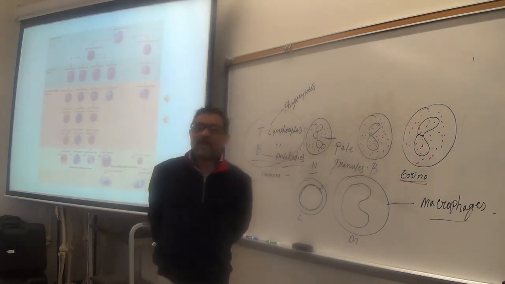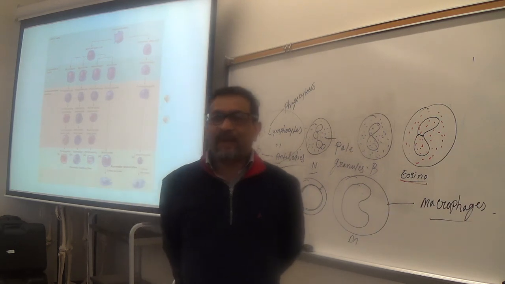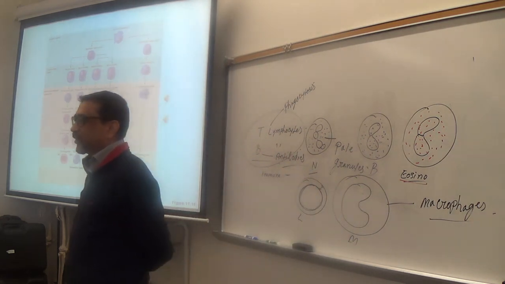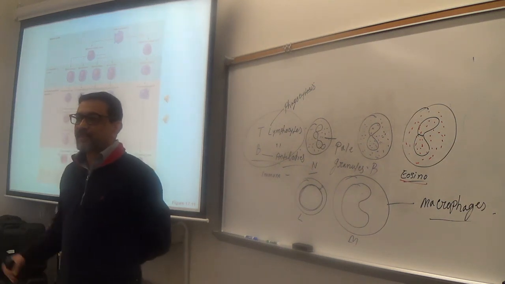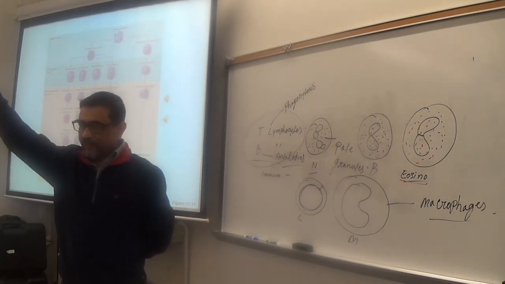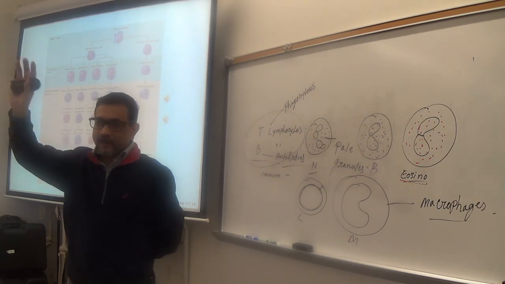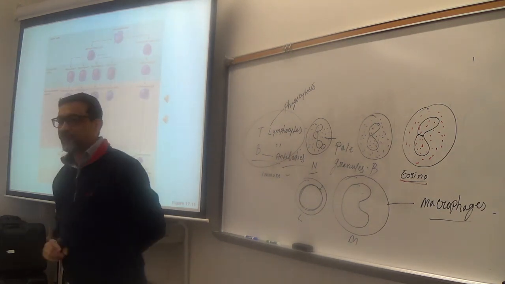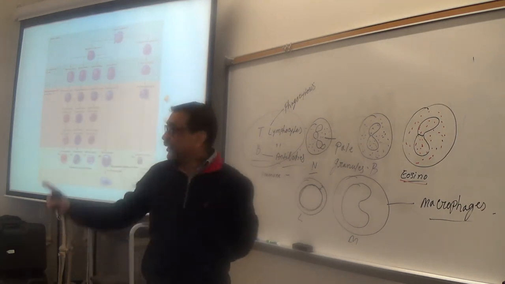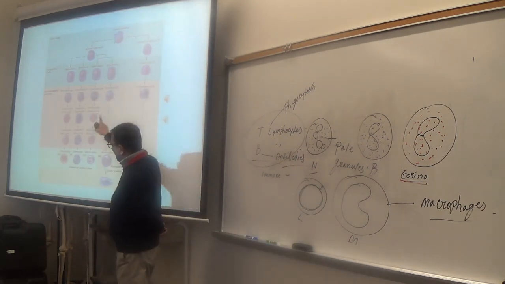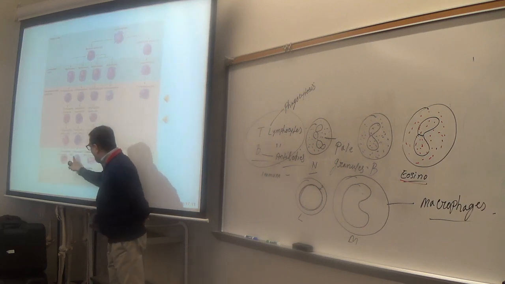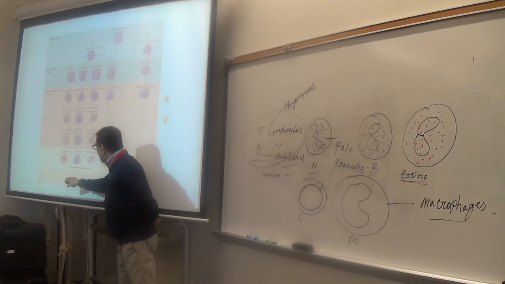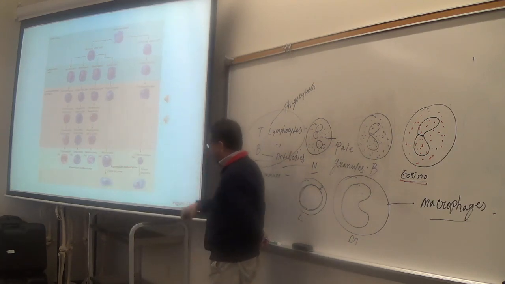All blood cells come from the stem cell, I have mentioned in last class, and that is called hemocytoblast. Okay, so all blood cells come from the same stem cell, right? Called hemocytoblast. If you see the top, that is the stem cell. And you see, from that stem cell, you get all types of white blood cells. Okay, neutrophil, eosinophil, basophil, lymphocyte.